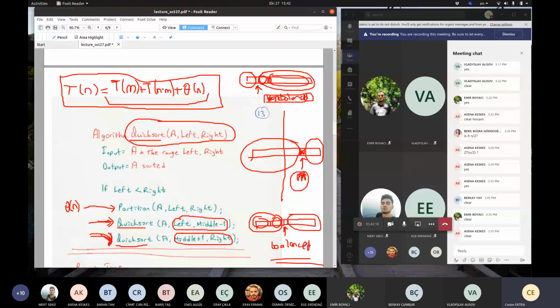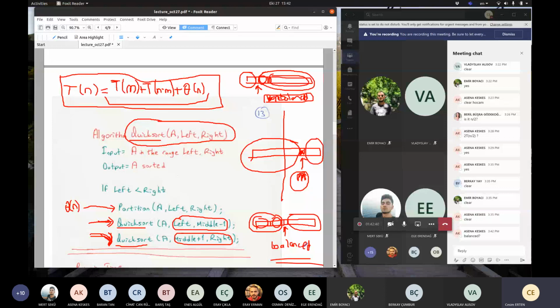When we say best case scenario, obviously we mean the smallest possible running time. So Asena guesses that it might be balanced. Yes, that is true. If we have balanced partitions, then the running time of the quicksort algorithm is as small as possible.